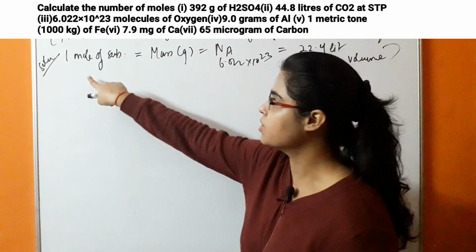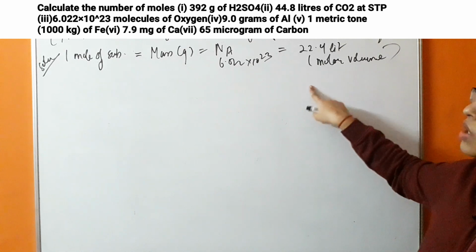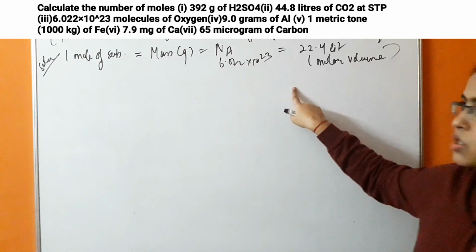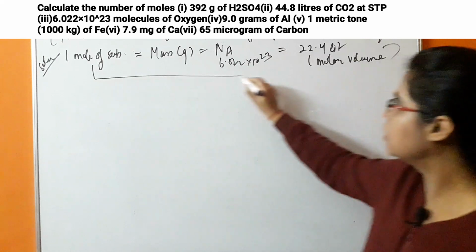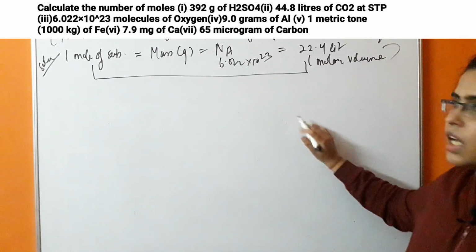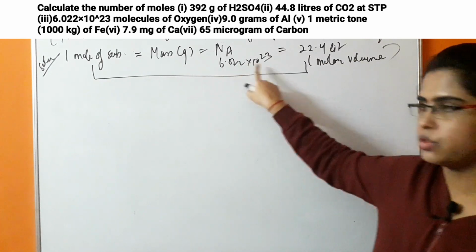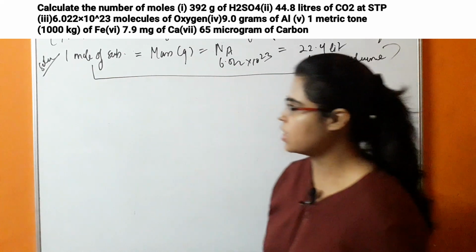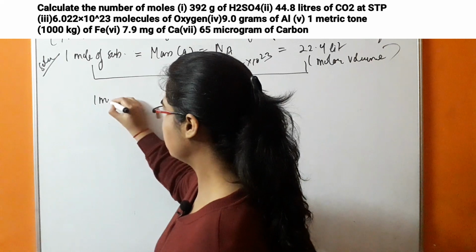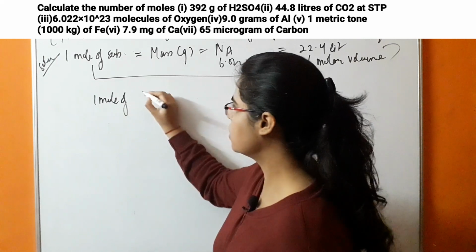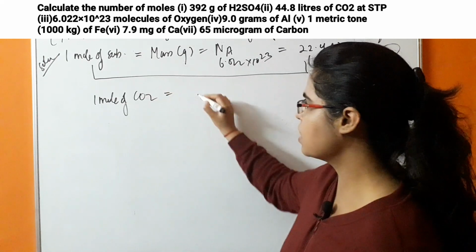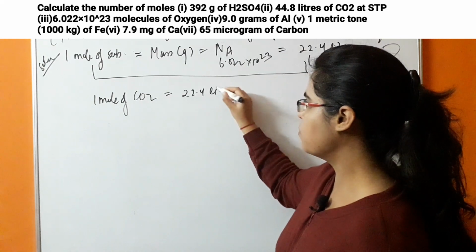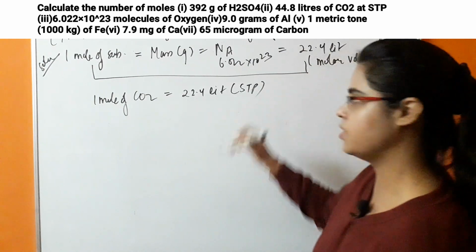So what is happening? The standard relationship is given. In this case the relationship is between mole and volume. Other quantities will not be used. So what is the standard relationship? 1 mole of CO2 has a volume of 22.4 liter at STP.